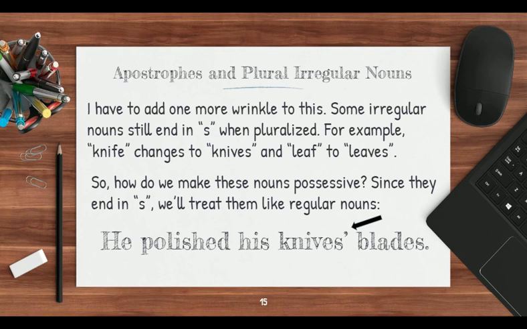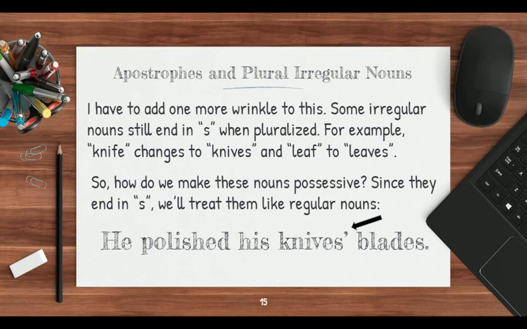All right? So there's a differentiation there that's important to make. With most irregular nouns, child to children, man to men, woman to women, we would just add apostrophe S at the end of that. However, sometimes you'll have these irregular nouns that when pluralized, it's not so much the S that shifts, it's other parts of the word, such as knife to knives or leaf to leaves.